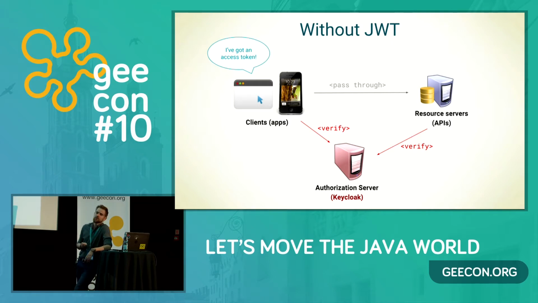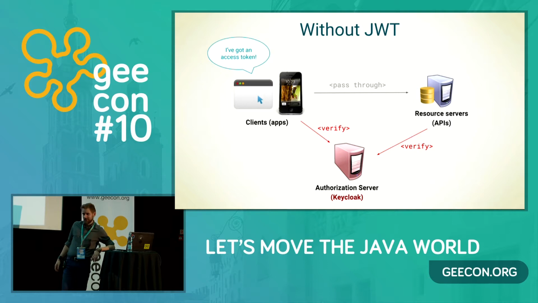And then once we got that done, we should pass it through to some sort of our REST API, and since it can be exposed publicly to the world, we should verify it once again. So it's another round trip to the authorization server.